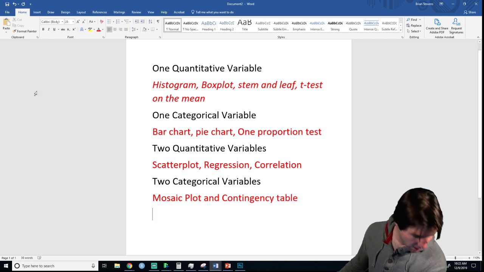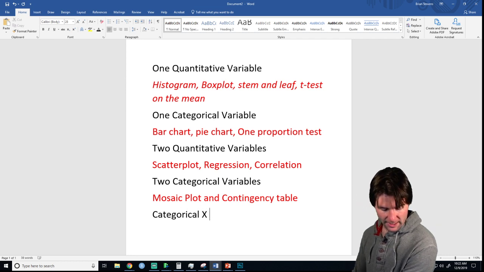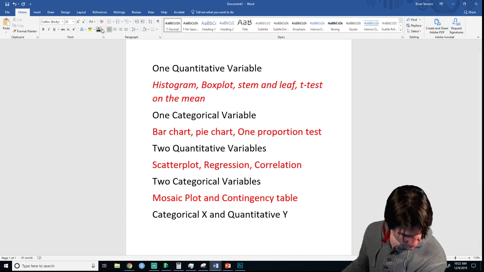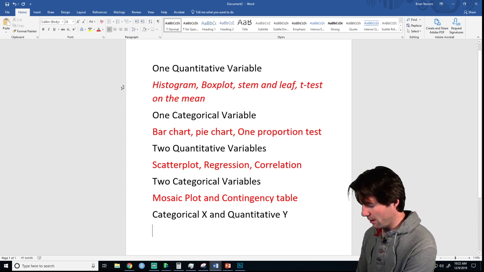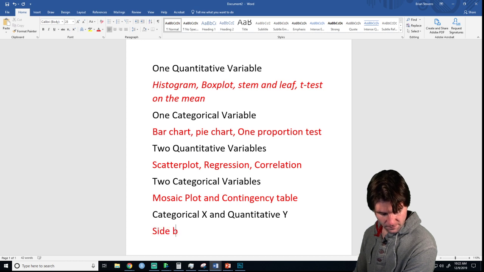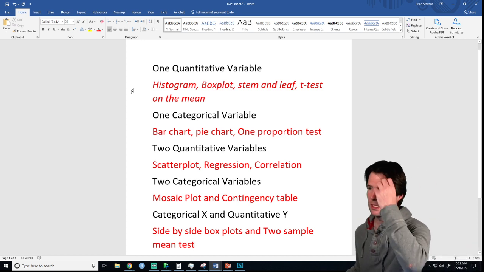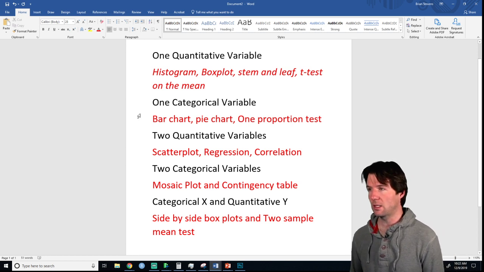Okay, that is two categorical variables, and then we have categorical X and quantitative Y. So here we have a side-by-side plot. Also, we have decision trees. I didn't put decision trees on here, but I think this is a decent list of a lot of the techniques we've done. There is the document that covers this, the tools and techniques document.